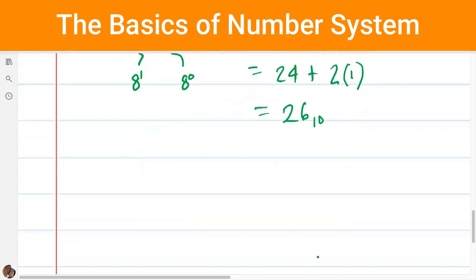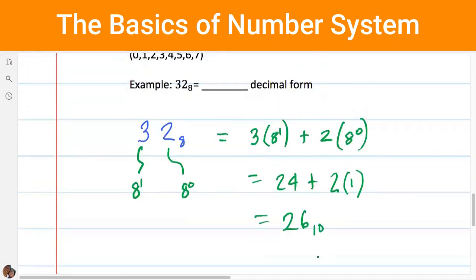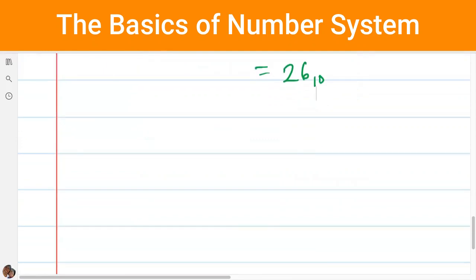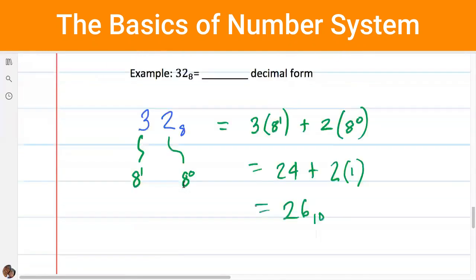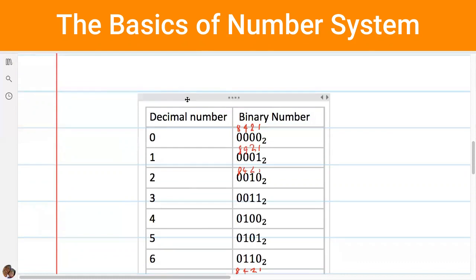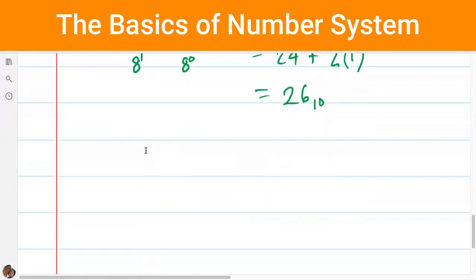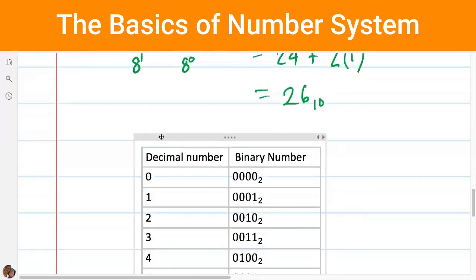Now, let's try to compare the number systems. Okay, let's copy this one. I will paste it here. This is the binary system.